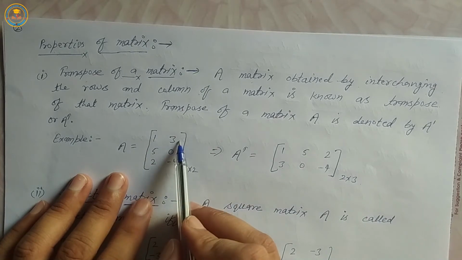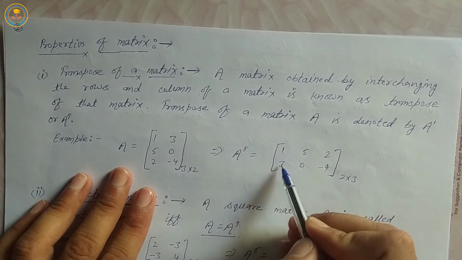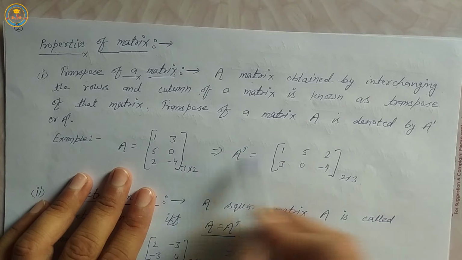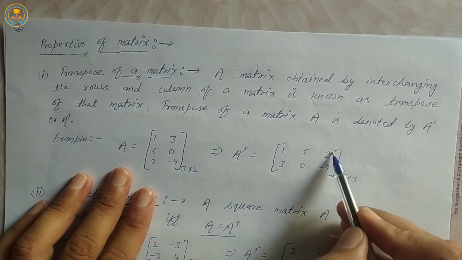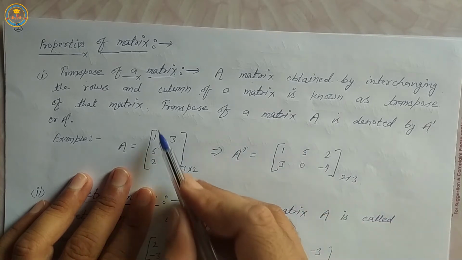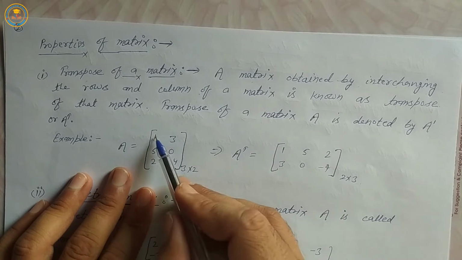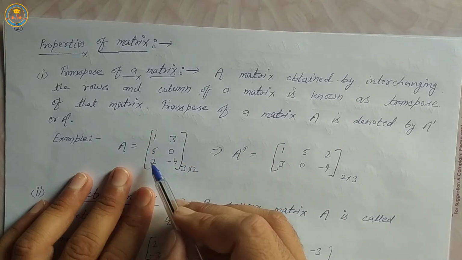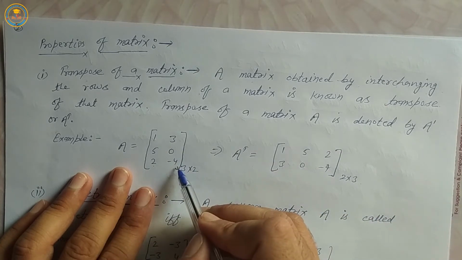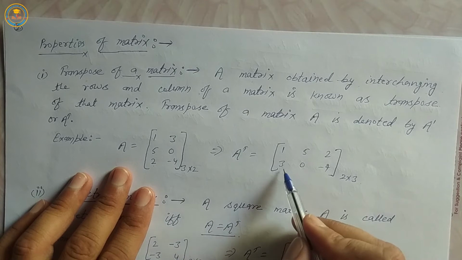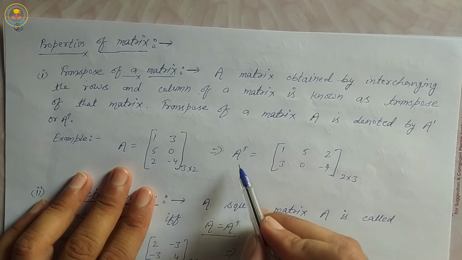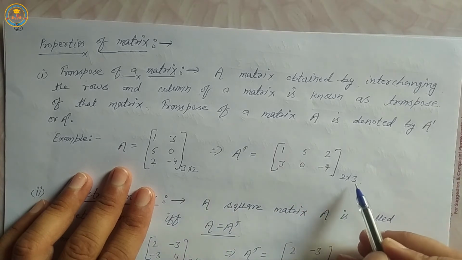Row 1, 3 becomes column 1, 3; row 5, 0 and row 2, minus 4 likewise. So the transpose has rows 1, 5, 2 and 3, 0, minus 4. It means the order of the transpose is 2 by 3.